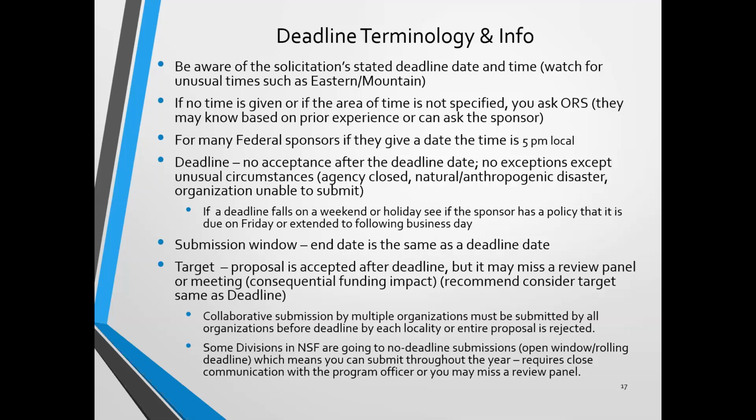And while you can submit those throughout the year, so you don't have to worry about having a late proposal, I will say that it's also a good idea to go ahead and talk to the program officer and see if they'll give you some information about when they might like to have submissions or when they might be pulling together a review panel, so that you can target for when you're shooting to do your submission close to when it might be considered for funding.